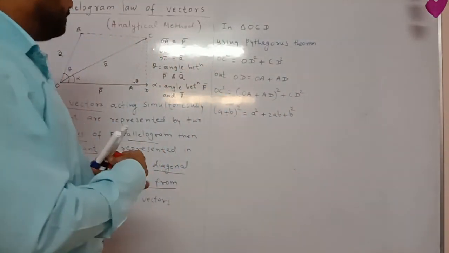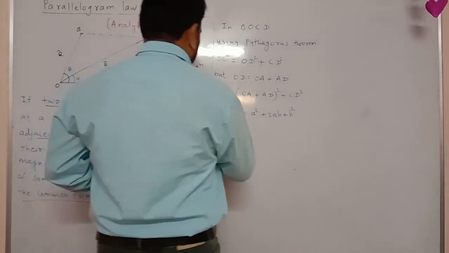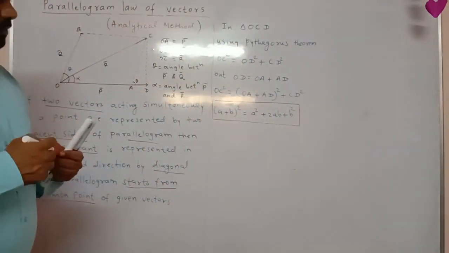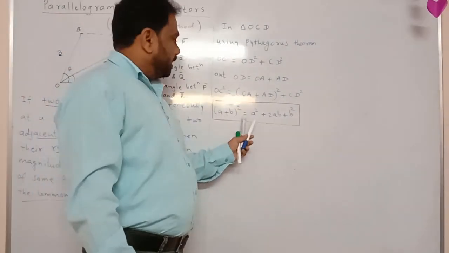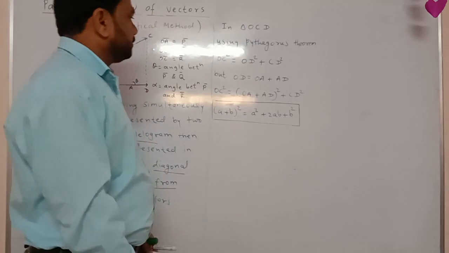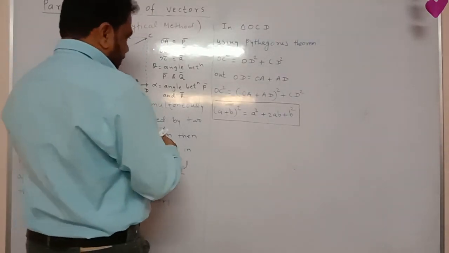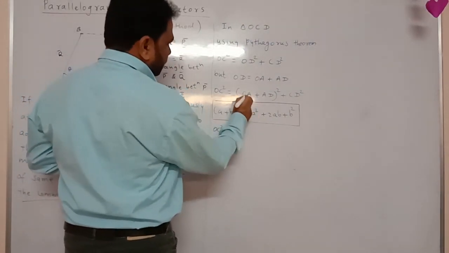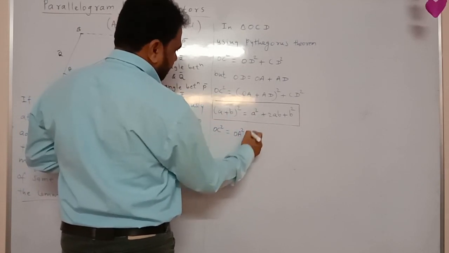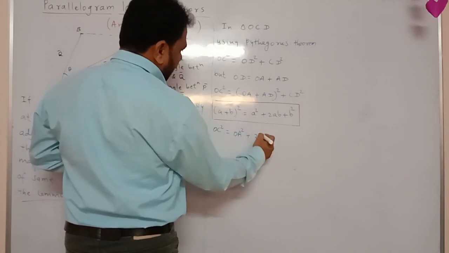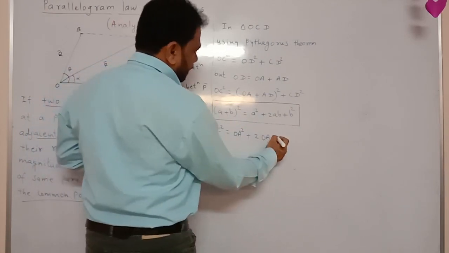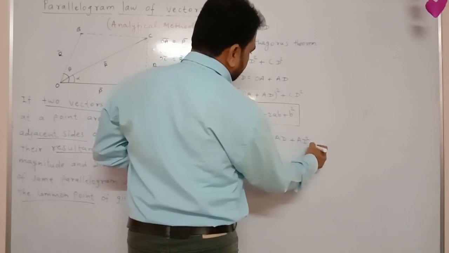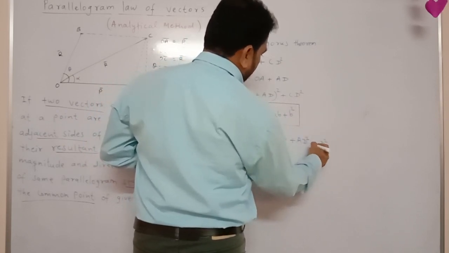So we can write the equation: OC square is equal to OA square plus 2 OA into AD plus AD square, plus the remaining term CD square.